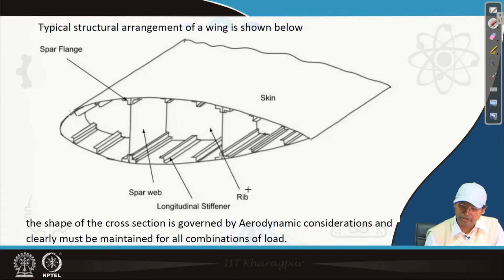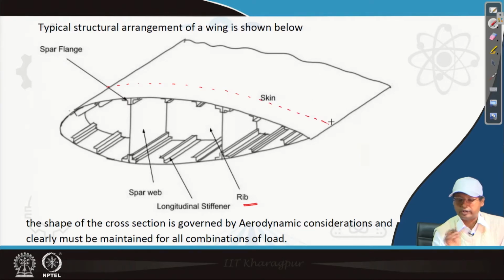This is the rib. One portion is not visible, but the rib is from here, it is inside.